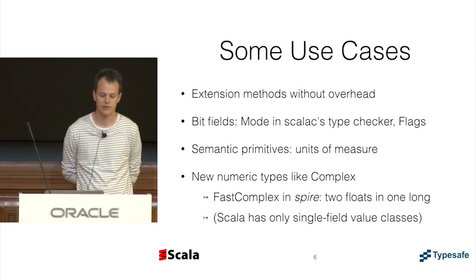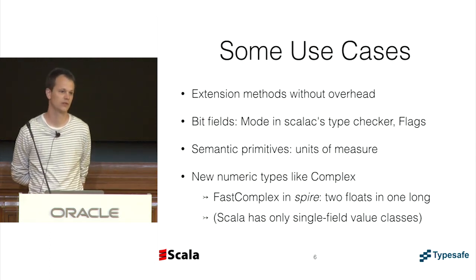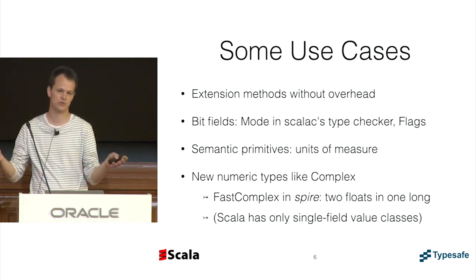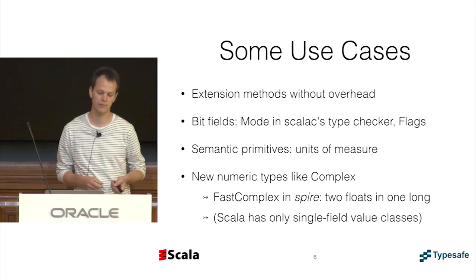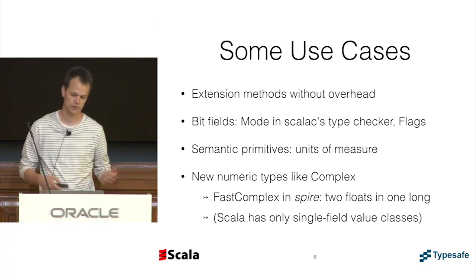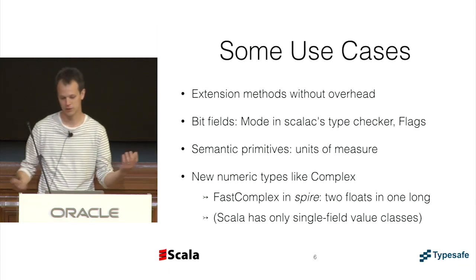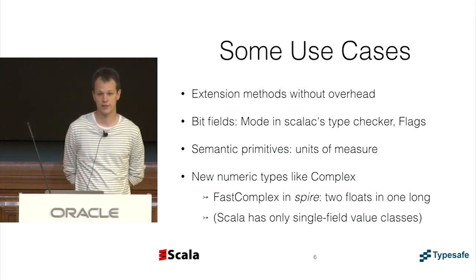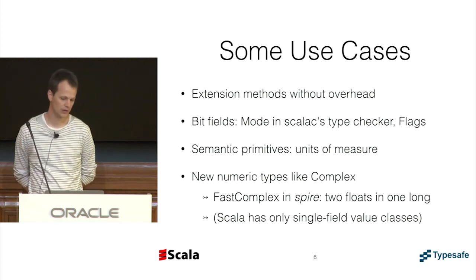Other use cases: you can have semantic primitives, so you can create classes like meter and mile, and then these two are distinct types, and you cannot mix them up while keeping all the performance of having a simple integer or a simple double. And you can also come up with new numeric types, for instance, something like a complex.